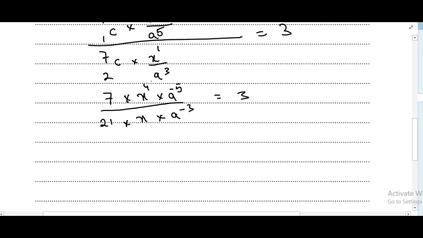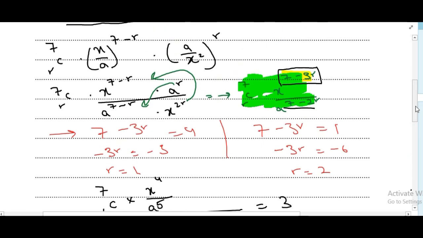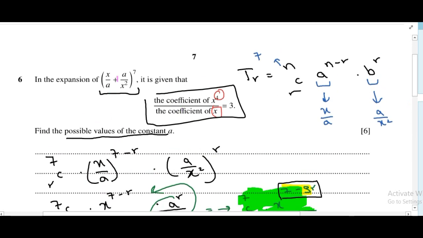Since we had said that the coefficient of x⁴ divided by the coefficient of x¹ equals 3, this as a whole equals 3.